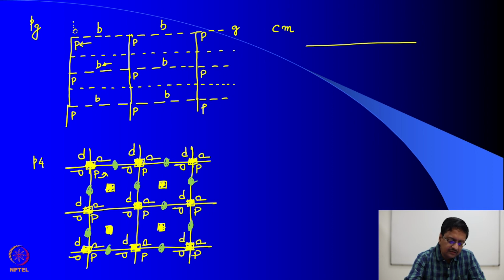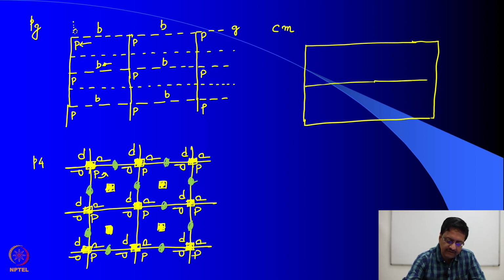So if I have a lattice like this, and I am dividing it into 4 parts, and I am saying that this edge length is B, this edge length is A.